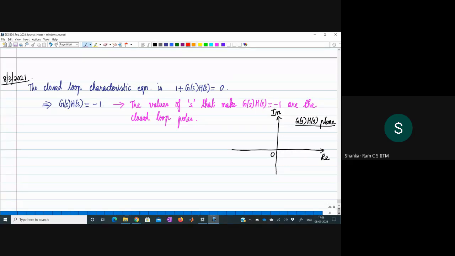So if you look at this point -1 in the G(s)H(s) plane, -1 is going to be here. If we recall the graphical representation of a complex number, typically we draw an arrow from the origin to the particular point, and the length of the arrow is the magnitude, and the angle made by the arrow with the positive real axis will be the angle, or the phase.